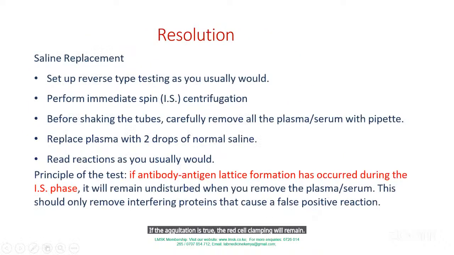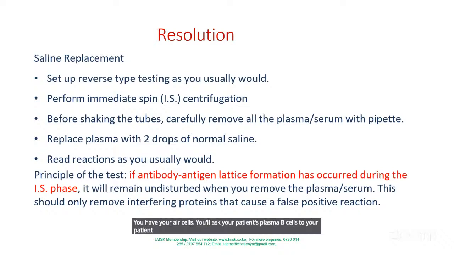So how do you perform the saline replacement technique in the lab? You will set up the reverse typing as you normally do. You'll have your A cells, your patient plasma, B cells, your patient plasma, just the way you normally do it.